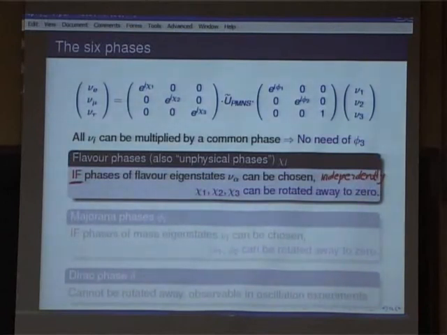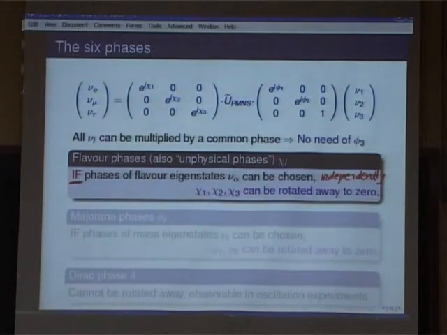Then people no longer think about it. We can leave that for some time, maybe after a month or so we can rethink whether they actually can have some consequences. But for all practical purposes, at this point of time, we can consider them as irrelevant, and consider that they can be rotated independently. So these are the so-called flavor phases, chi1, chi2, chi3.